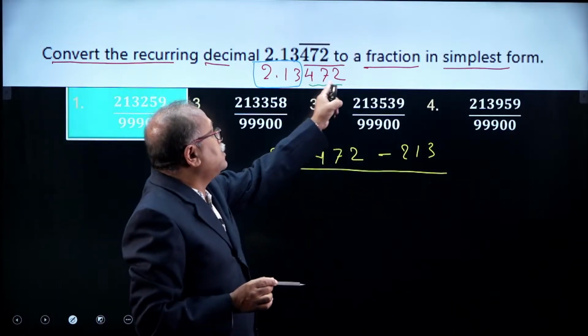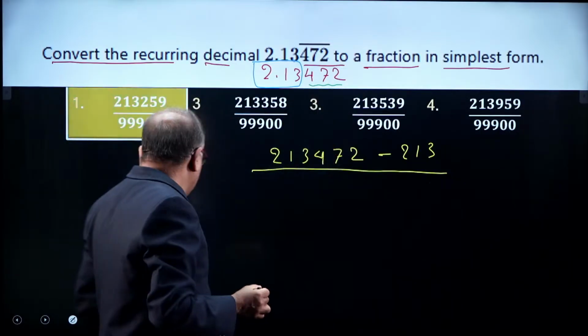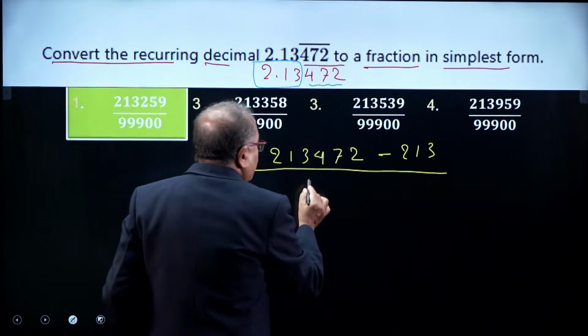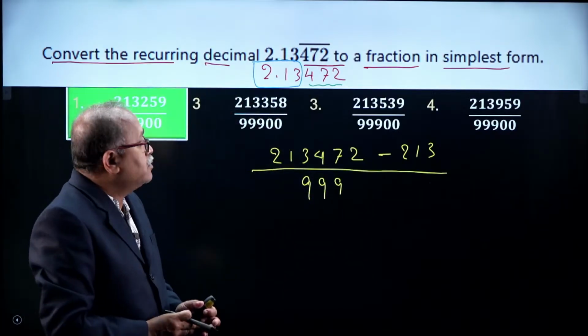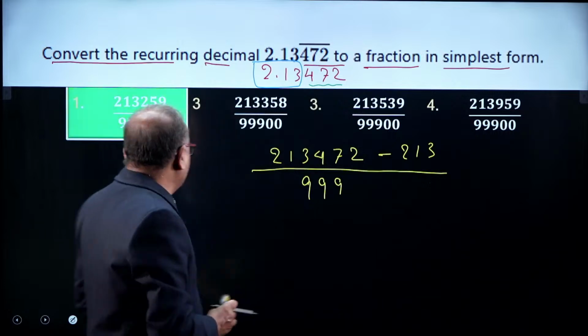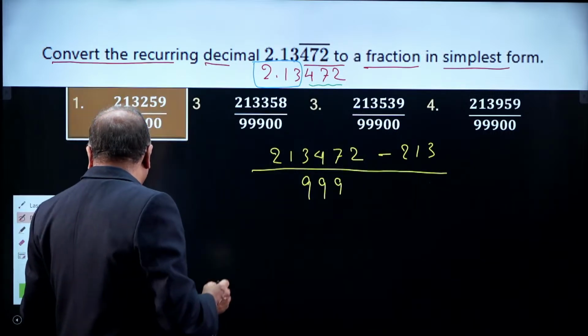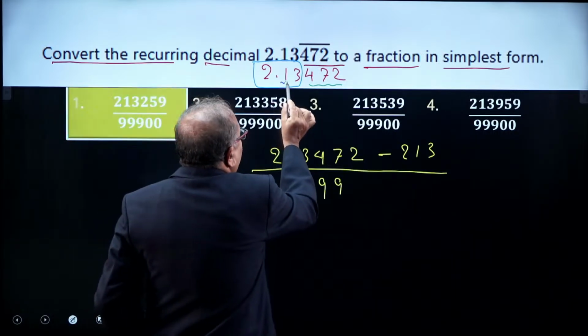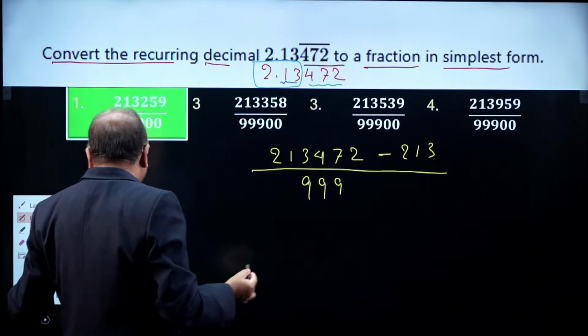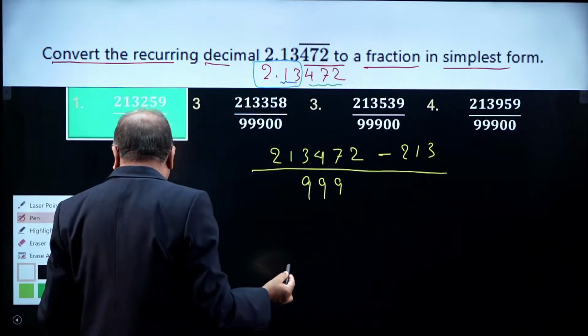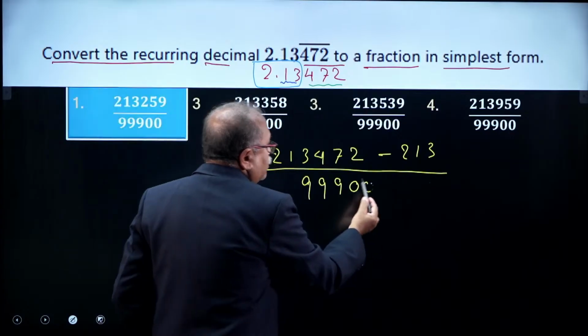There are 3 digits under the bar, therefore there will be 3 9s over here. And the decimal part without the bar has 2 digits, therefore here I should place 2 zeros.